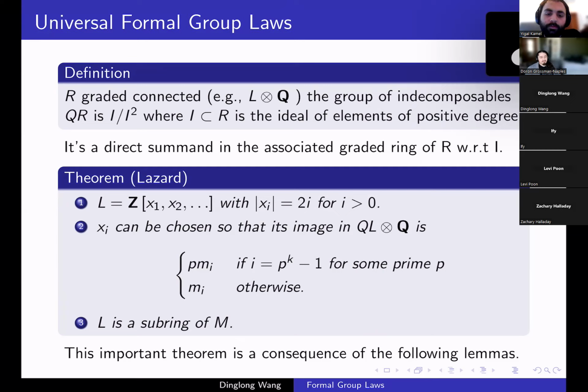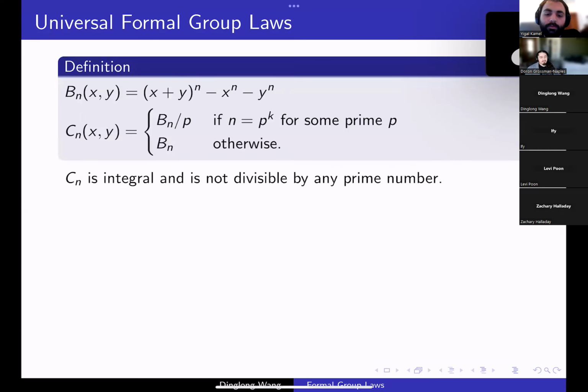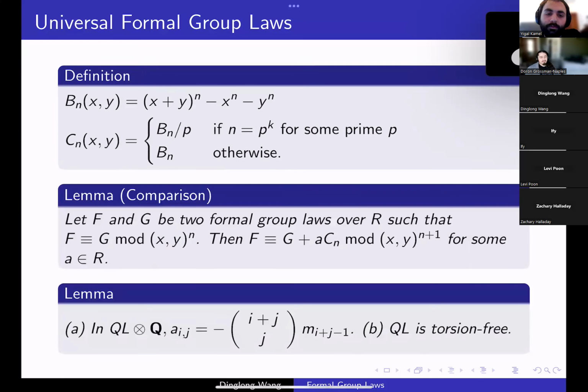This important theorem is a consequence of the following lemmas. The first one is a definition: I define a polynomial called C_n, and C_n has the property that it is integral and is not divisible by any prime number. You can prove this by looking at the divisibility of a binomial coefficient by a power of a prime.